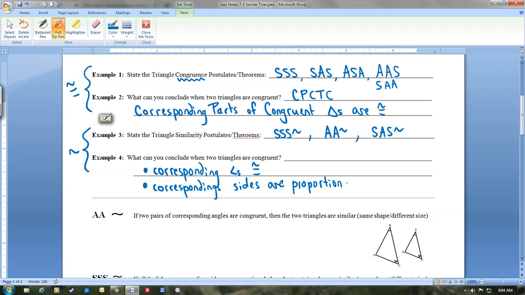It is necessary when you state the similarity postulates or theorems that you have to use a symbol for similarity at the end because it's different than congruence. Congruence, all corresponding parts are congruent, whereas with similar triangles, the corresponding sides are proportional.